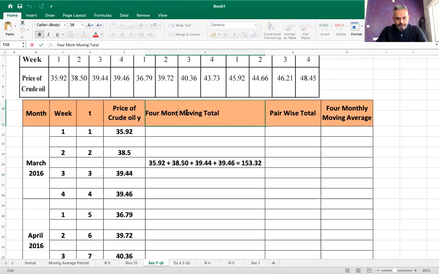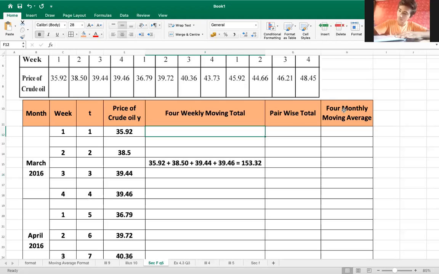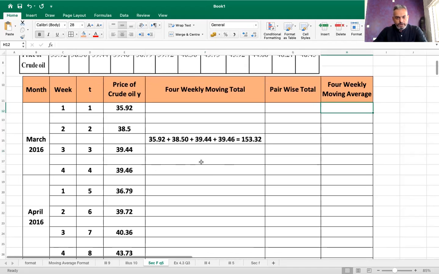The previous sum's title was left. 4 weekly. Here also 4 weekly. Okay, so I'll change the title. Regret the inconvenience caused.